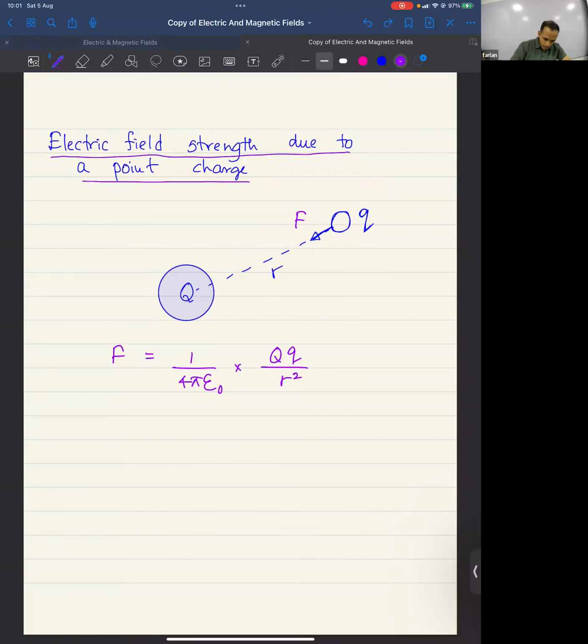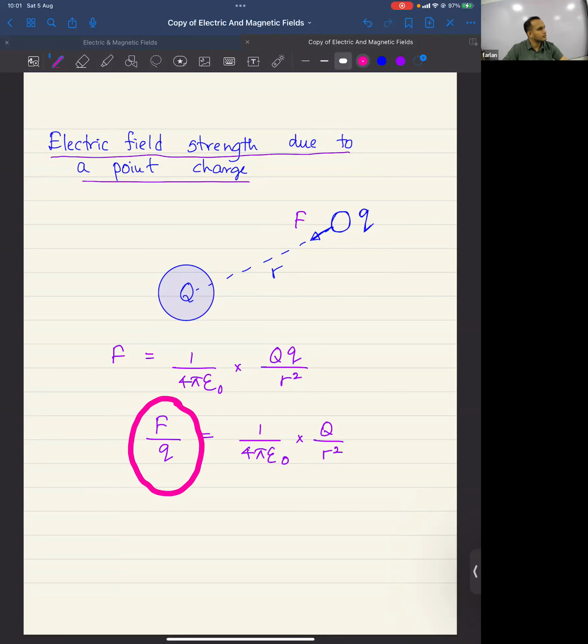So if I take F divided by simple q, that is 1/4 pi epsilon naught into Q over R square. Can you tell me what does this mean?